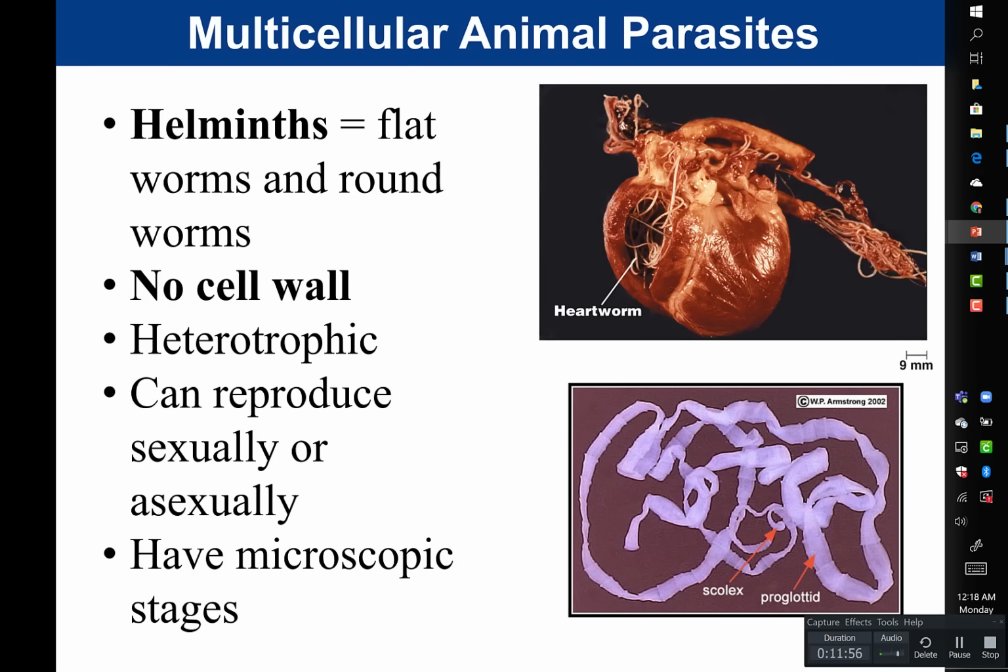And the reason that we're studying these, while these worms are actually quite large, they do have microscopic stages. They have these microscopic stages and they can cause disease. And so this is why we will be talking about these in microbiology as well.